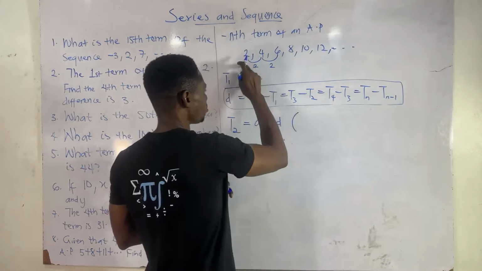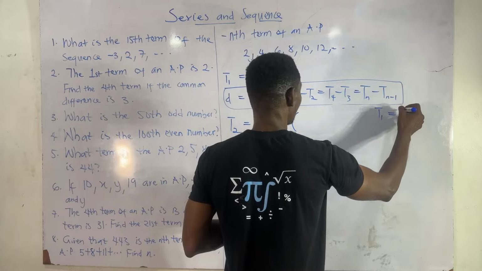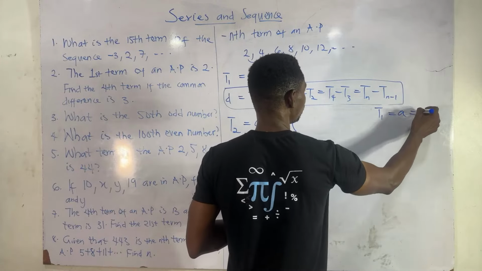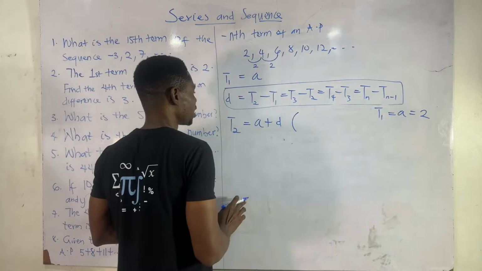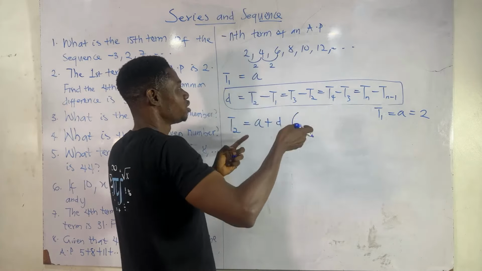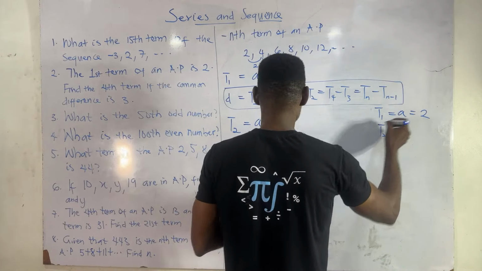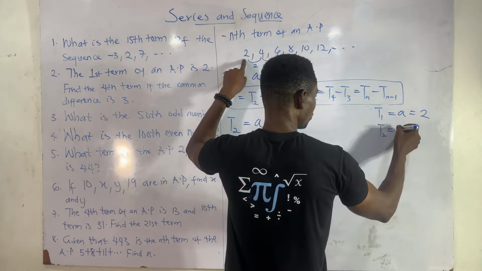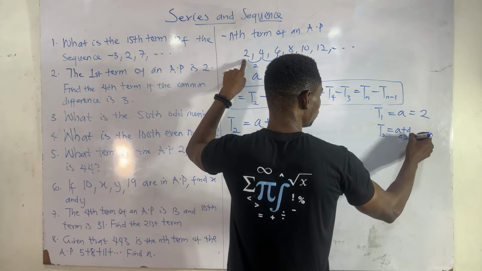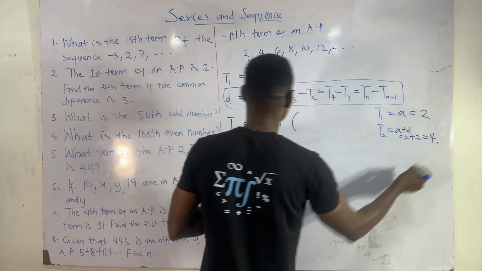Our first term T1, which we refer to as A, is equal to 2, right? Now our second term will be that first term plus that common difference. So T2 will be A plus D, right? Which is what? 2 plus common difference, which is 2, making 4.